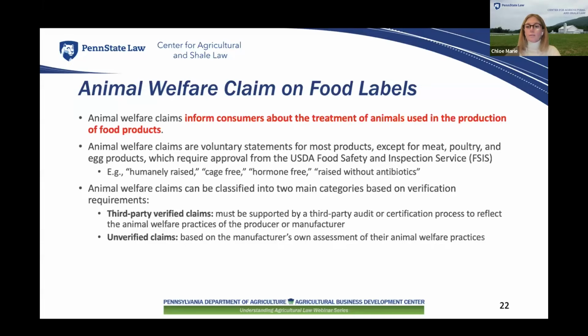Note that some animal welfare claims can be verified through a third-party auditing process to ensure they are accurate, but many claims do not require third-party verification. The choice of whether or not to seek third-party verification rests with the product manufacturer. The Food Safety and Inspection Service typically approves claims that have been granted by a third-party auditor or certification body. However, food companies are still required to submit appropriate documentation to the agency.